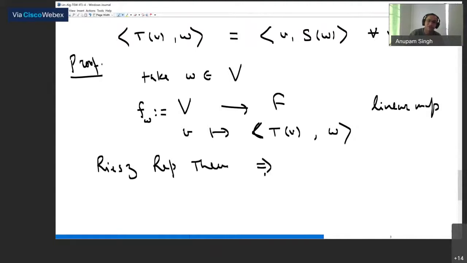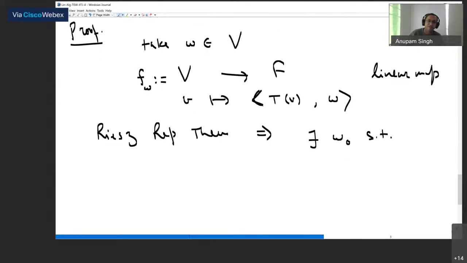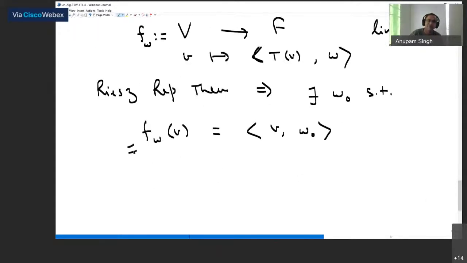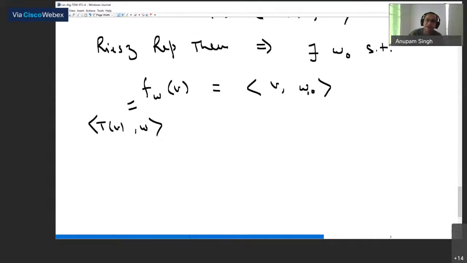Now I apply the Riesz representation theorem. This will imply that there exists some vector w_0 such that f_w of any vector v is given by the inner product of v and w_0. This is what the Riesz representation theorem says. But f_w of v, by definition, is just the inner product of T of v and w. So from the Riesz representation theorem, I can get w_0 for any w. If I fix one w, I get w_0.